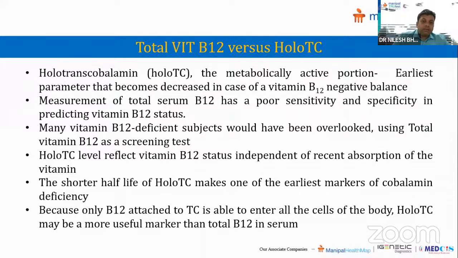Measurement of the total B12 has a poor sensitivity and specificity in predicting the B12 status, because 70 to 80% of the total B12 is biologically inert. If we just measure vitamin B12, then many vitamin B12 deficient subjects would be overlooked if we only use vitamin B12 as a screening test.